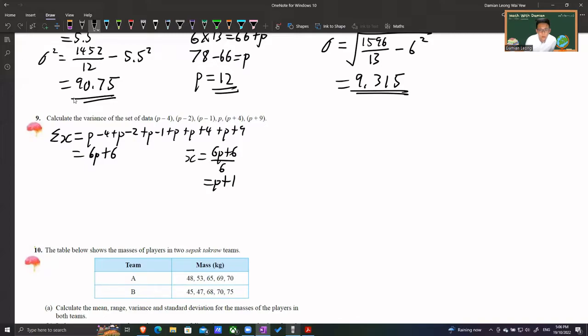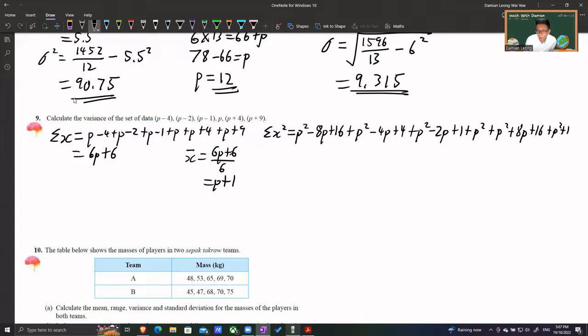Okay. Then sum of values squared. So if I take each of these squared and add together, if I expand it, p squared minus 8p plus 16 plus p squared minus 4p plus 4 plus p squared minus 2p plus 1 plus p squared plus 8p plus 16 plus p squared plus 18p plus 81.